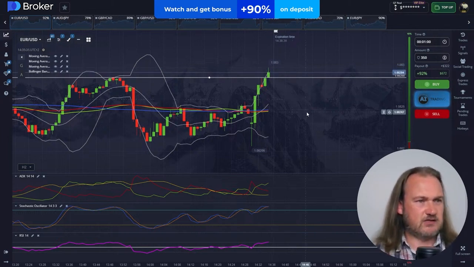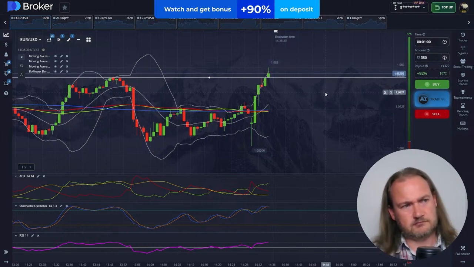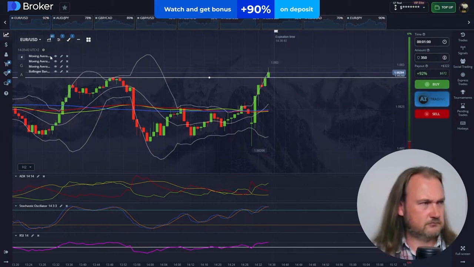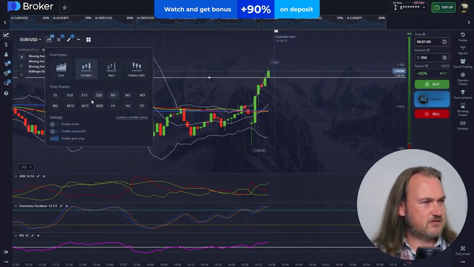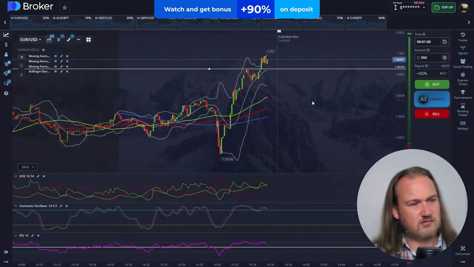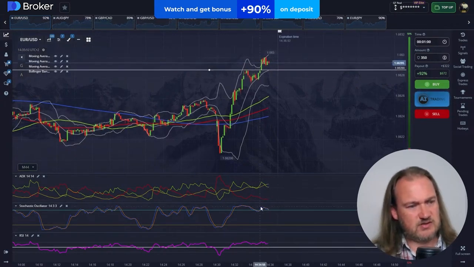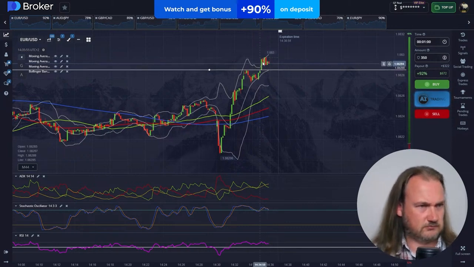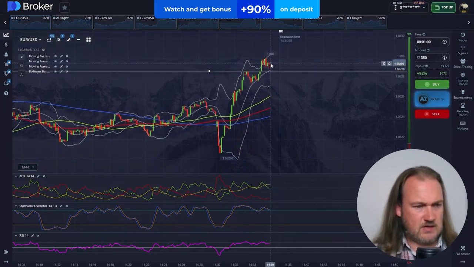Let's see if we can maybe find something else. This kind of makes me think that there's divergence on the 10 seconds though. Yup. We have bearish divergence on the 10 seconds. I might be a bit late for this though.